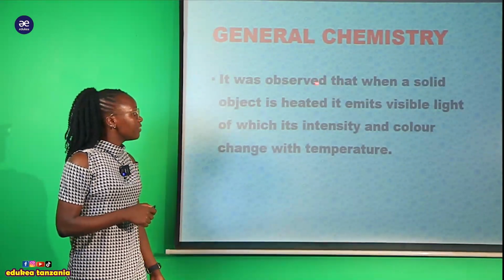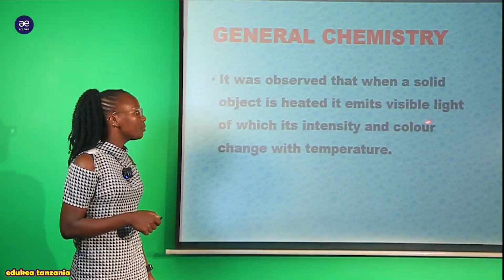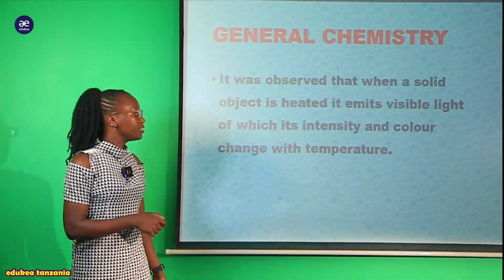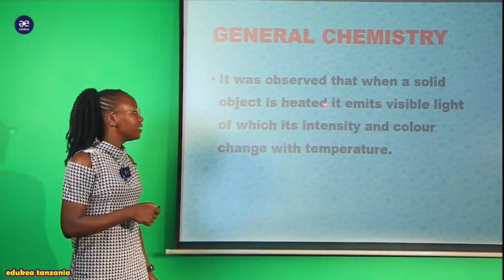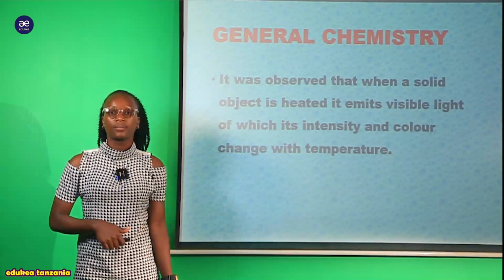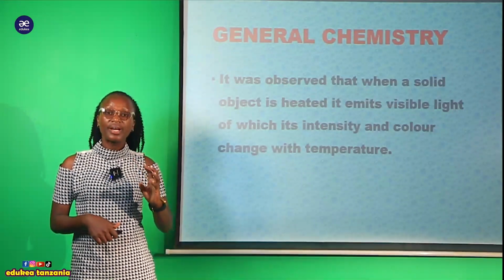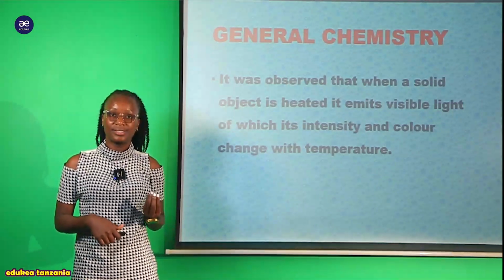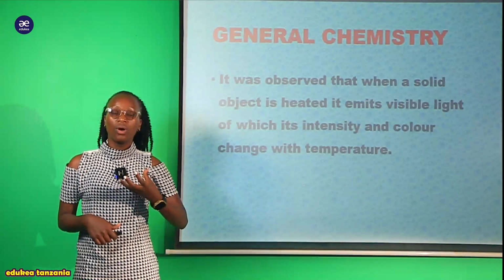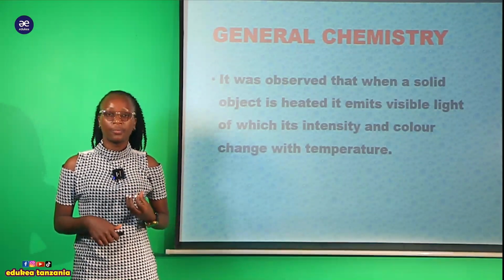Okay, so it was observed that when a solid object is heated, it emits visible light, of which its intensity and color change with temperature. Kumbuka tunaongelea zile three properties baada ya those scientists come up with the deductive of the nature particle.